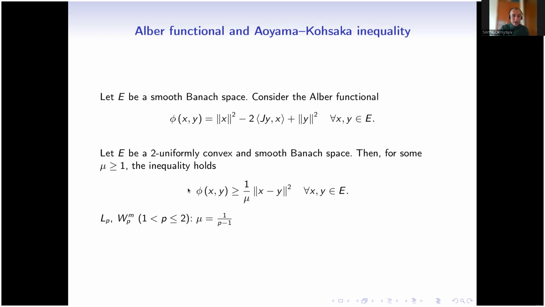And for this functional, we have the next inequality, which is important for our algorithm: constant mu, which will be used for restrictions on hyperparameters. And again, for well-known spaces, mu can be easily calculated, and you can notice that for L2, mu will become 1 because this functional will become simply the square norm of x minus y.